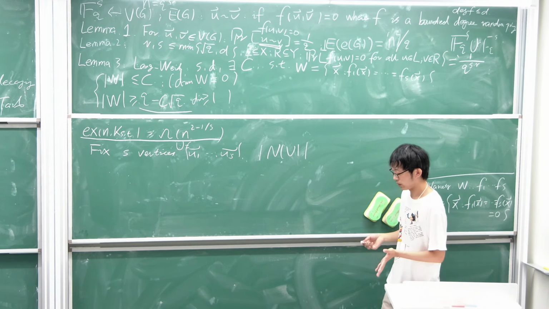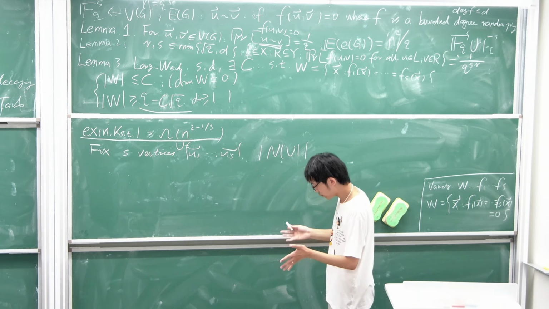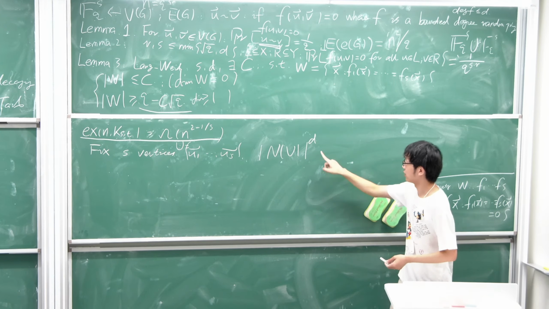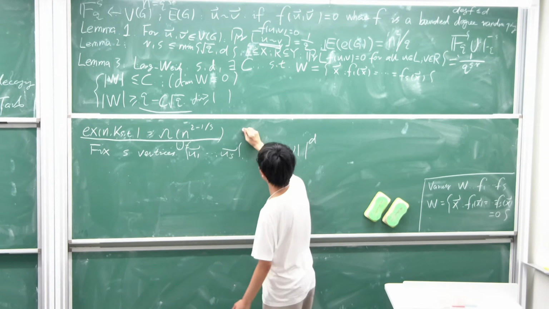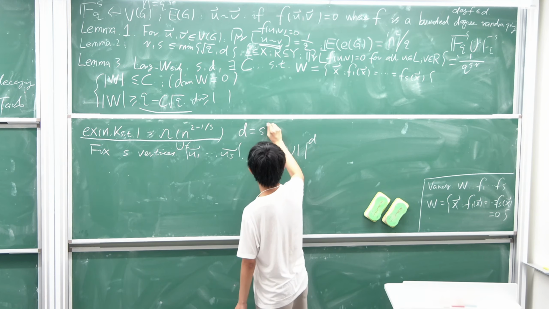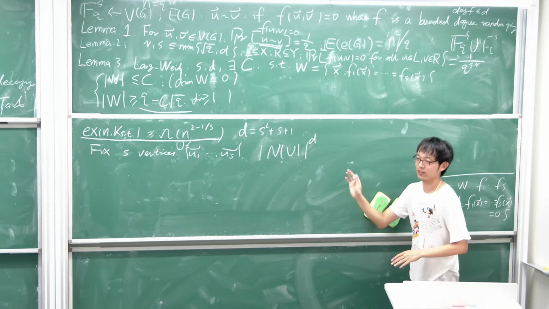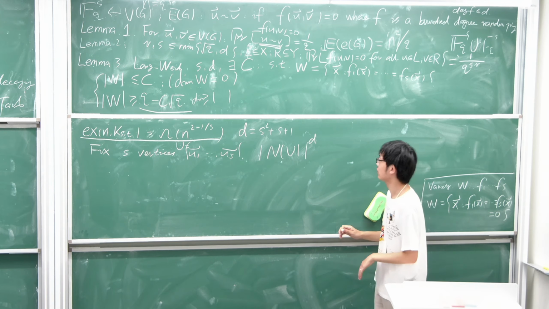But directly upper bounding is not easy, so we try to bound this. The D is similar to what I just wrote; maybe it's not correct, but like this form. It's a little bit larger than S squared.